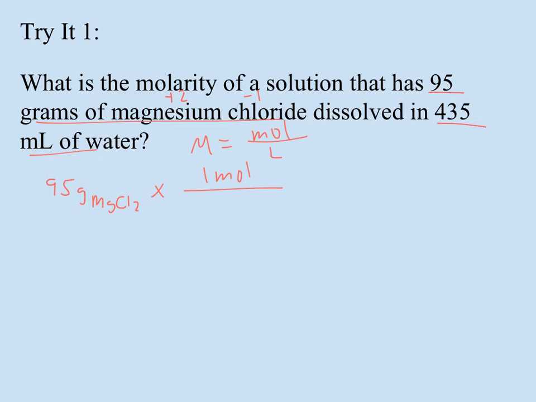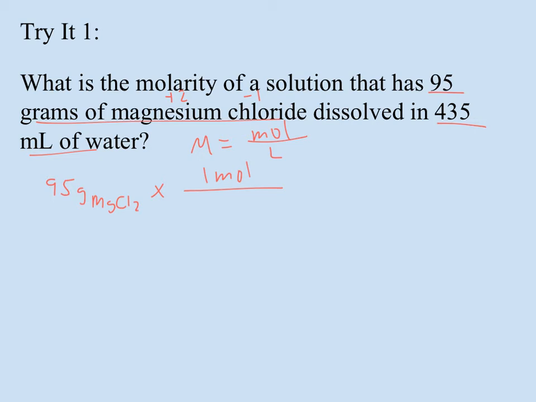So this is right about 1 mole. I think even with sig figs, it's going to come out to rounding to just 1.997. So with my 2 sig figs, this could be considered 1 mole. But again, I'll just let the decimals ride my calculator. The 435 milliliters of water, again, if you don't remember, 1 liter is 1,000 milliliters.